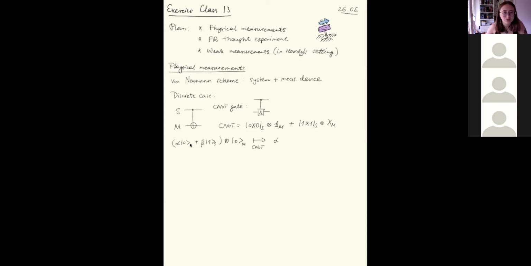The first part, because the system S is in the state 0, nothing happens on the memory. So we just get alpha |0,0> SM plus beta, because here the state of the control qubit S is 1, the state of the system M is flipped. So we get beta |1,1>.